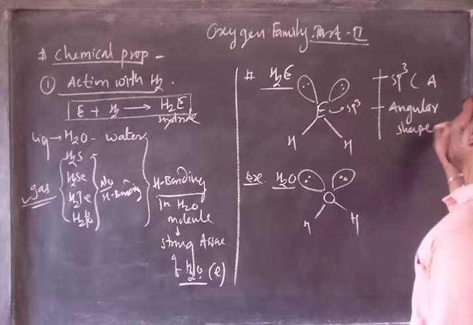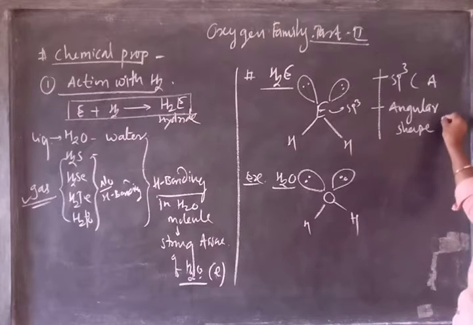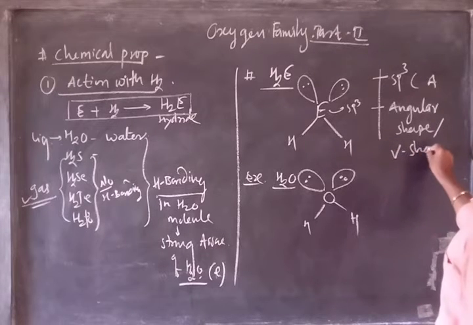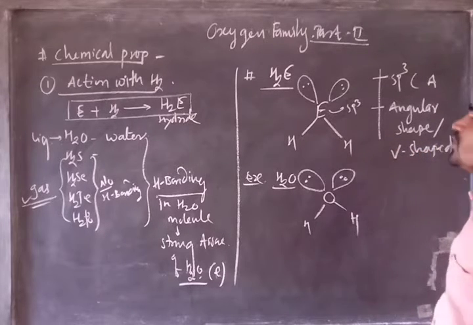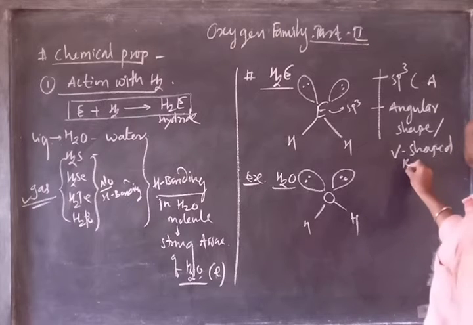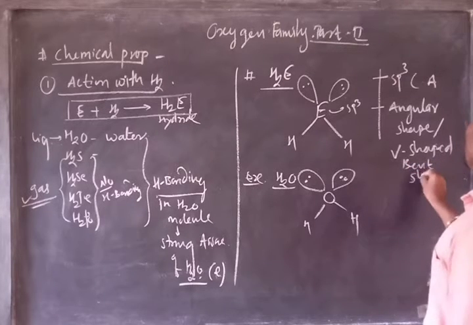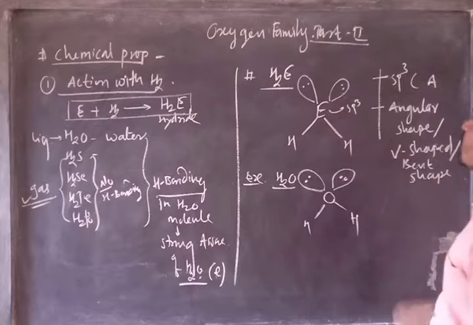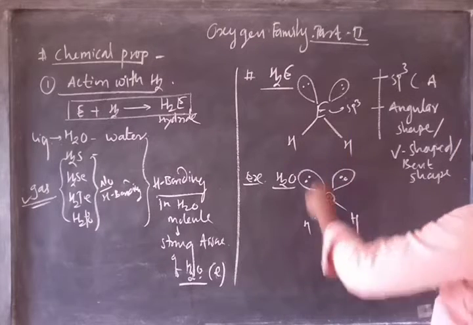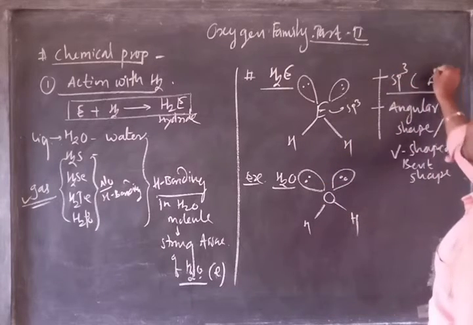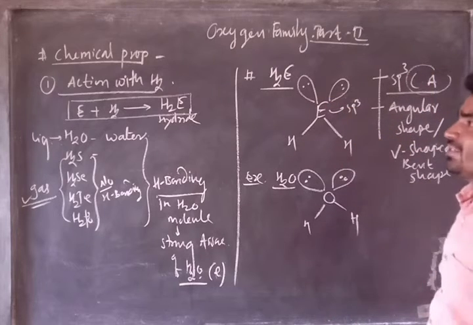It is also called V-shaped, or it is also called bent shape. Okay, so this is the general structure and hybridization of the central atom of the hydrides of oxygen family.